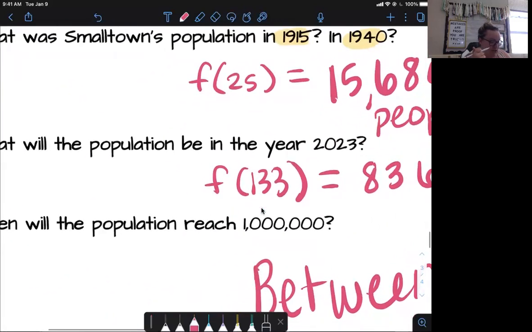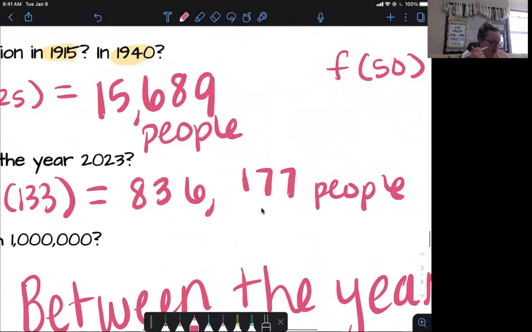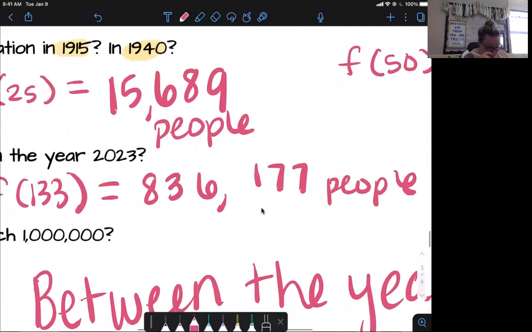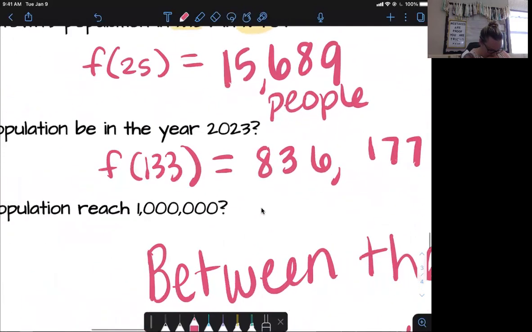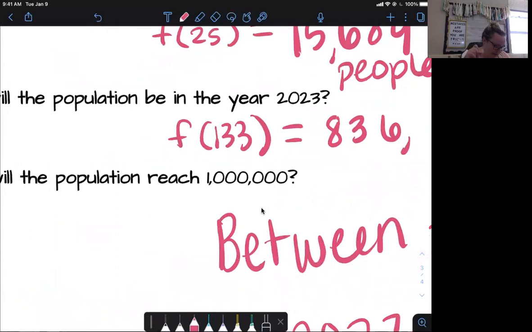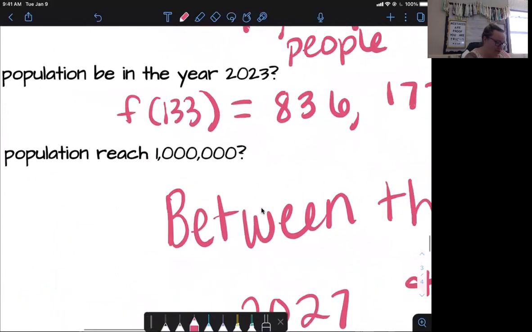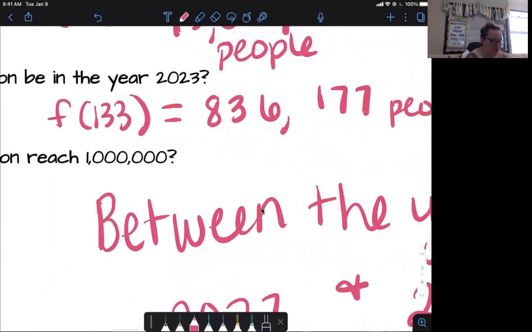The population in 2023 would be 836,177 people. And then I noticed that by plugging in 133 to get to the year 2023, I got around 800,000 people. So that's pretty close to 1 million.